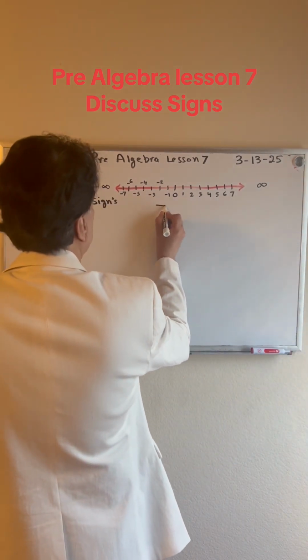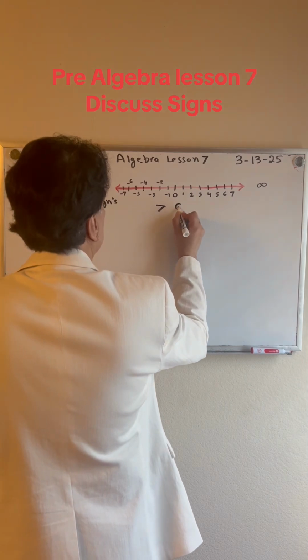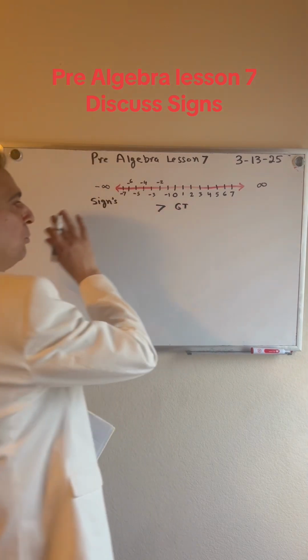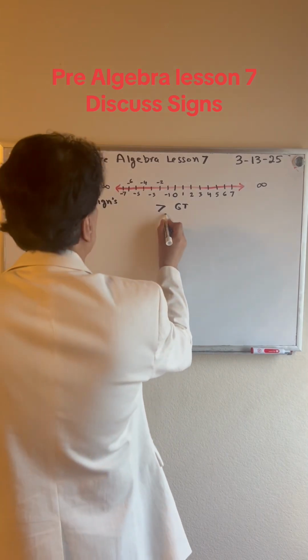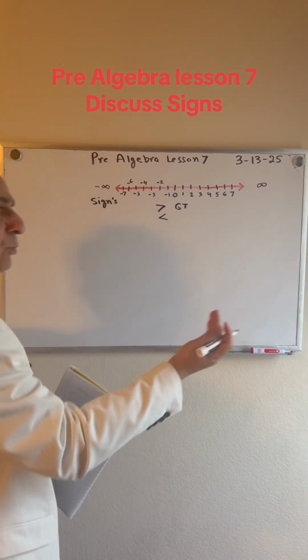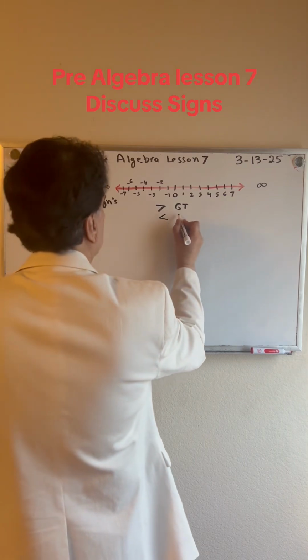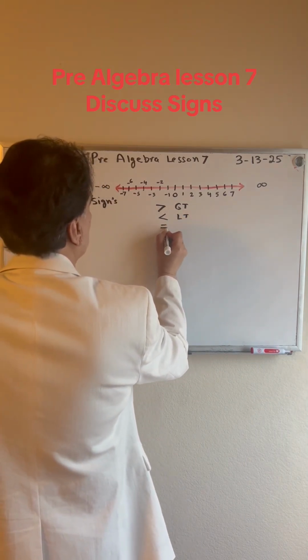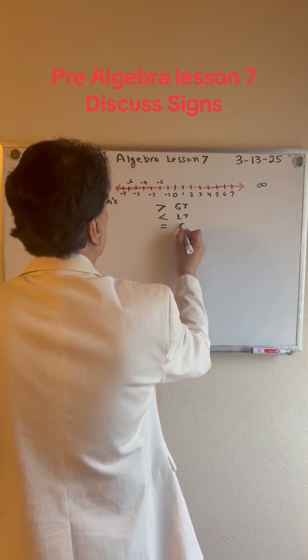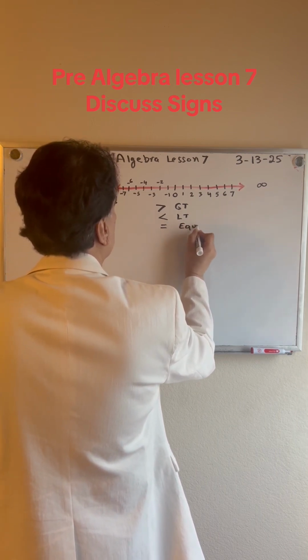The greater than sign is this right here, when you have an arrow pointing towards the right-hand side. Less than is when the arrow is pointing towards the left-hand side. So this is the less than sign. And I'm sure that everybody knows what this is. This is the equal sign.